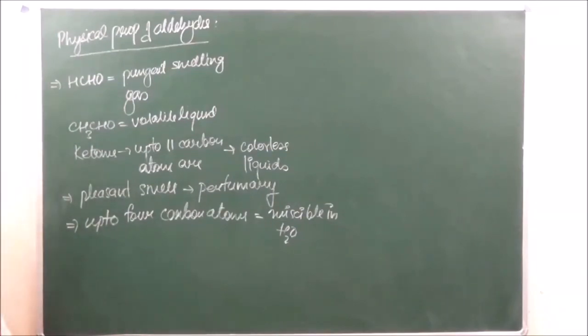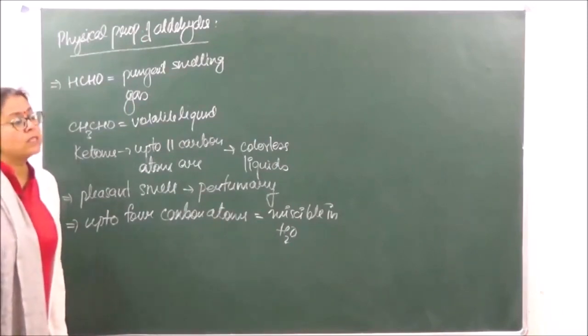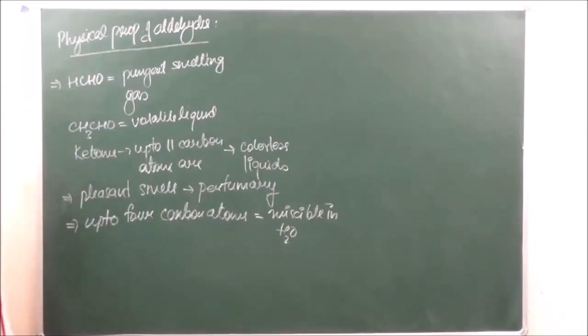As the number of carbon atoms keeps on increasing, the miscibility keeps on decreasing because of increase in the non-polar part, and they are not able to form hydrogen bonds effectively. So as the molecular mass increases, the miscibility in water keeps on decreasing.